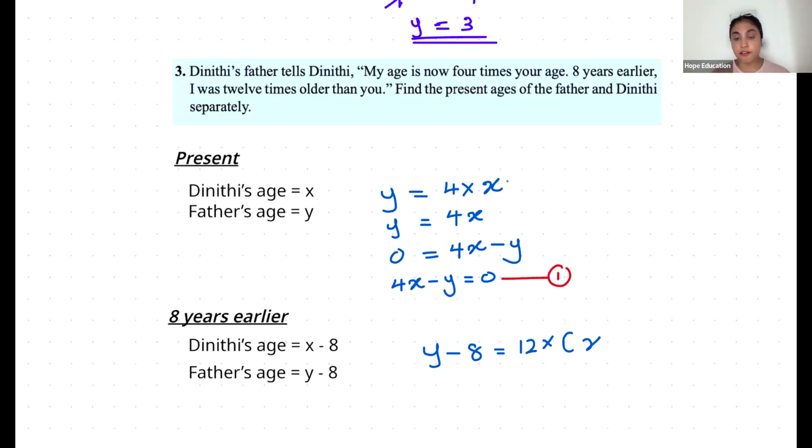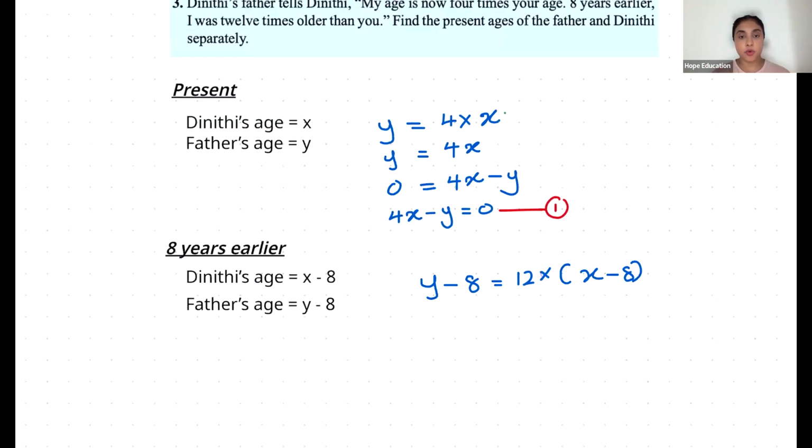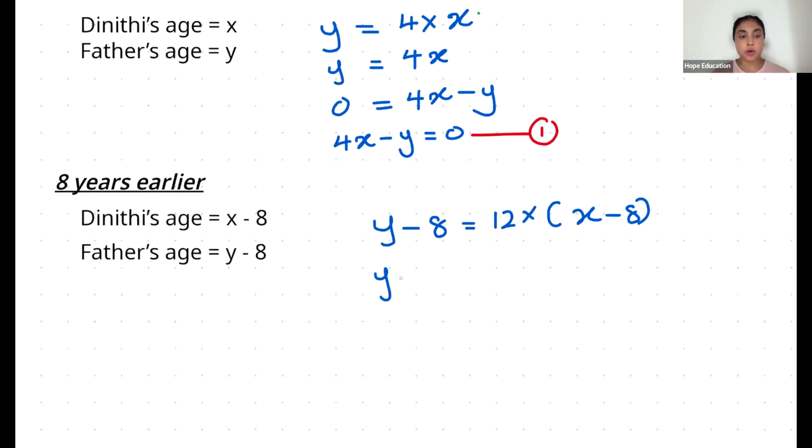So without simplifying, y minus 8 equals 12 times x, which is 12x.